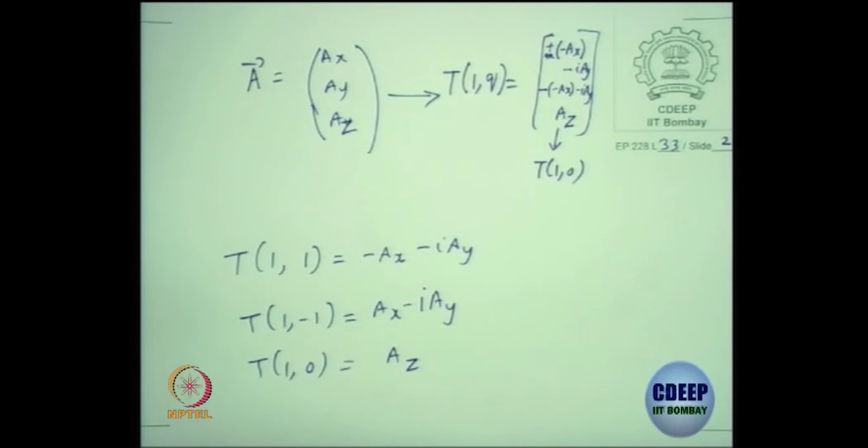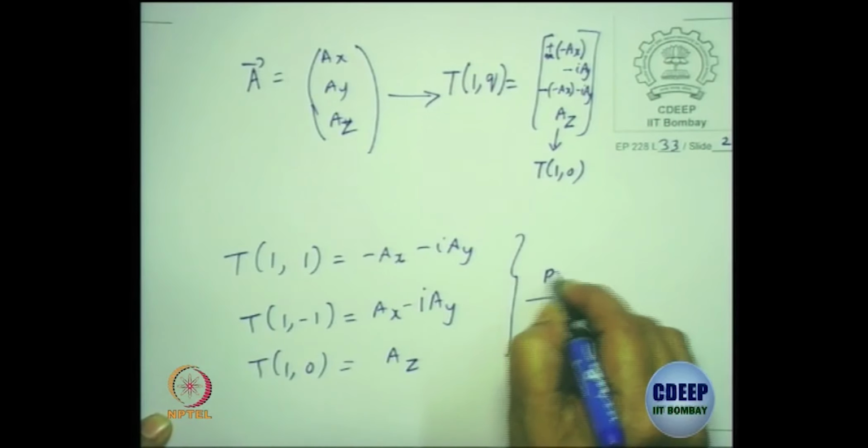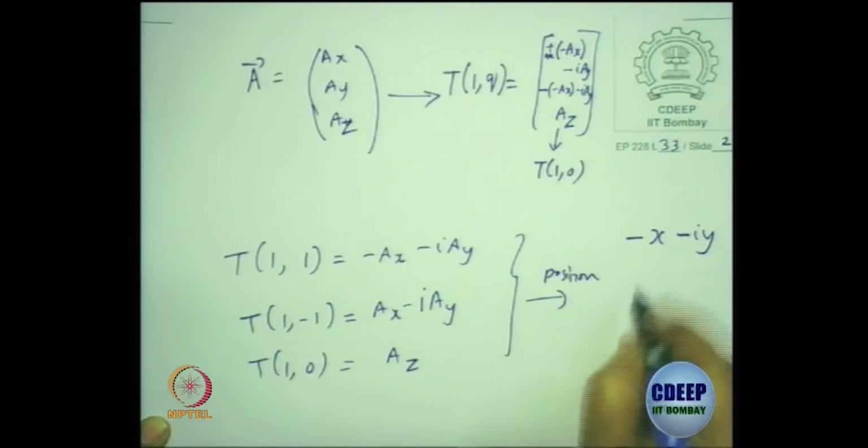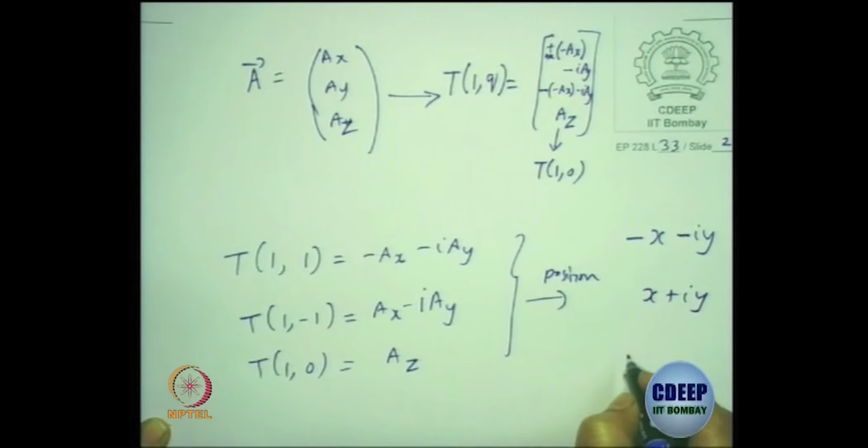If you want to write it for position vectors, this will be x minus iy, x plus iy, and z. This is just a convention. We will see why this convention is used.